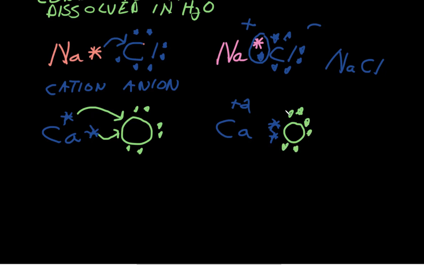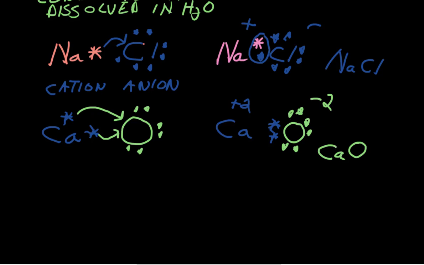Now oxygen picked up 2, so it's going to have a -2 charge. 1, 2, 3, 4, 5, 6, 7, 8, oxygen's happy, calcium's happy because it got rid of its outermost 2, and it'll have 8 electrons in its inner shell. If we look at this formula, we have 1 calcium and 1 oxygen, so we have calcium oxide.